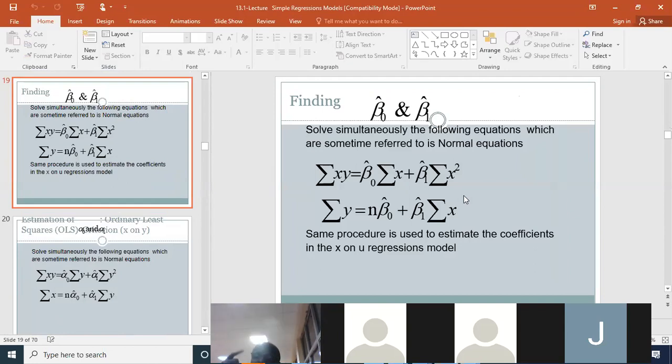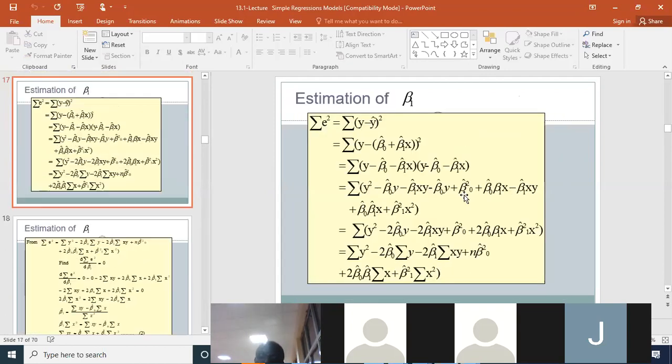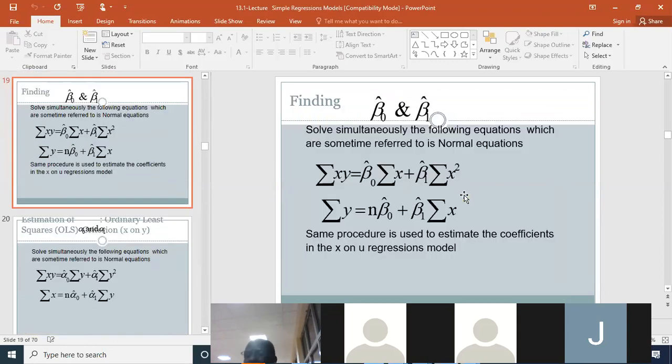These are the ordinary least squares equations, sometimes called normal equations, for y on x. I've gotten them from this derivation, which if you're mathematical you can go and check. If you're non-mathematical, don't bother. Just peruse, and then come here.